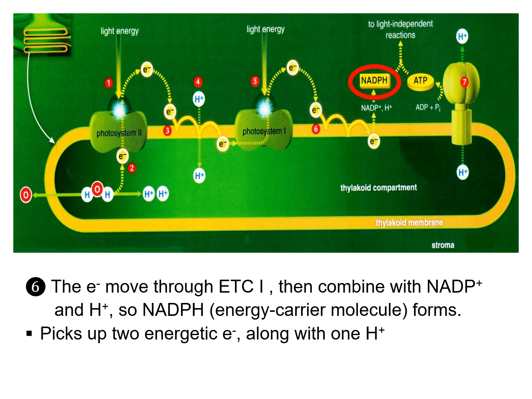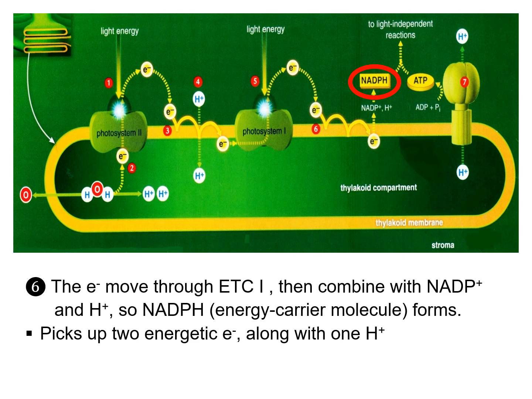And now the electron will move through electron transport chain 1 once it is ejected from photosystem 1. This electron will combine with NADP+ and a hydrogen ion to form NADPH, which is an energy carrier molecule. They will pick up two energetic electrons along with one hydrogen ion.